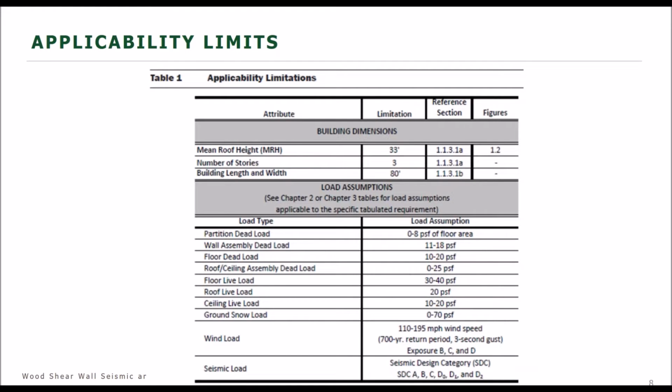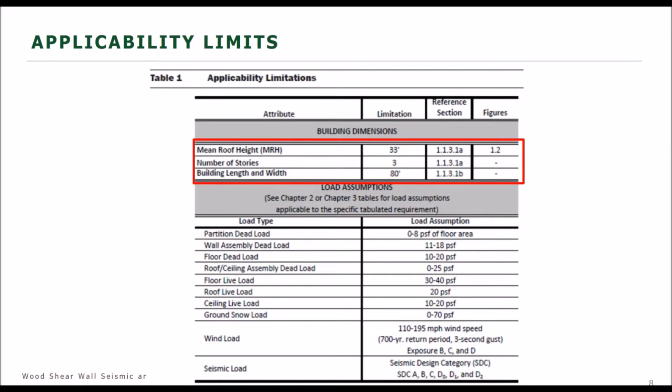You'll see here in Table 1, we have the applicability limitations of the WFCM. The building dimensions will be limited, you see here, to either a mean roof height of 33 feet or maximum number of stories would be 3 stories. In plan, your building length and width can be no more than 80 feet.